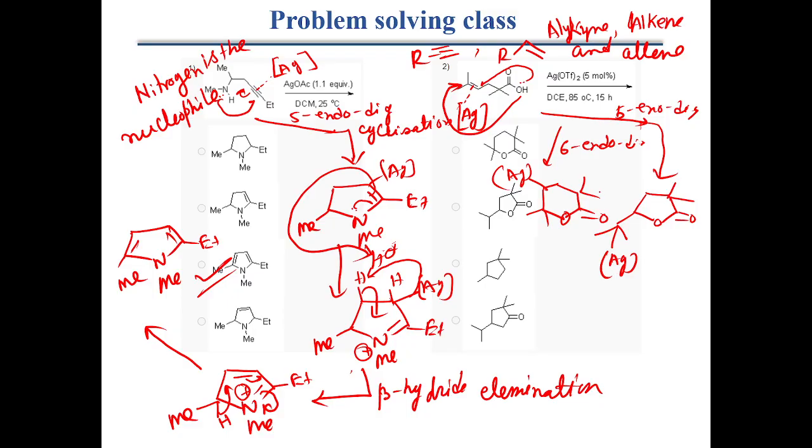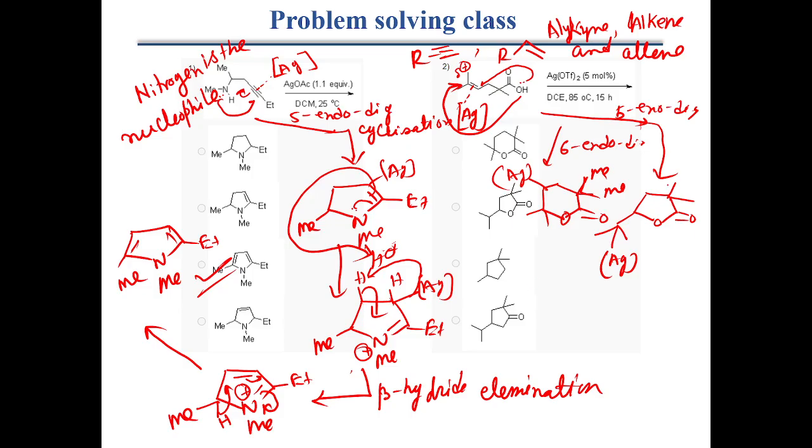So which will come? That depends on the substitution. These two substituents, this is the methyl. If it is methyl on both sides and sterically hindered, then 6-endo cyclization happens. If it is not sterically hindered, then 5-exo cyclization happens. That also depends on the carbocation stability. If it is tertiary carbocation, then this O minus reacts on the dimethyl center.